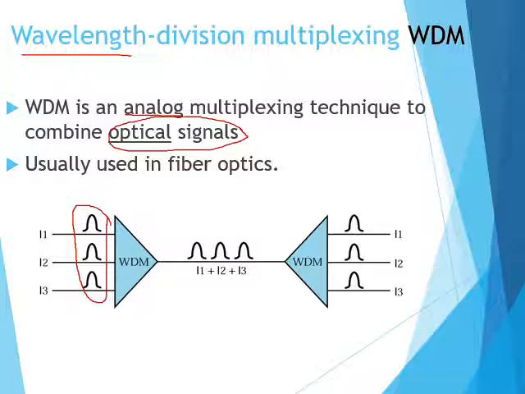Light can be measured in wavelength. So it uses a multiplexer, normally a prism.